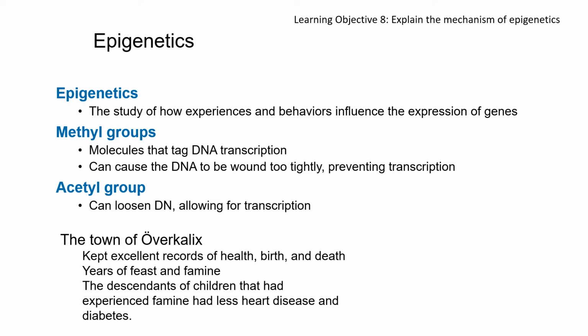Now we've got to talk about what is related to that. For it to split apart and amino acids to bind to it, the DNA has to be wound a specific way. It has to be loose enough that it can split apart and amino acids can bind to it. If it's wound too tight, it can't split apart, or at least it can't split apart far enough for amino acids to bind to it.